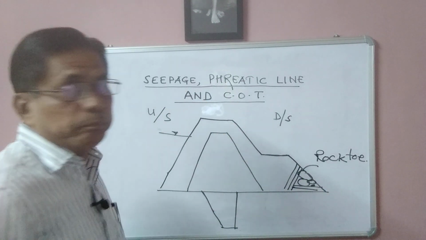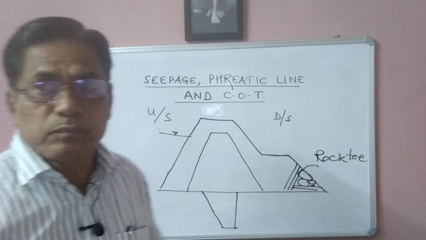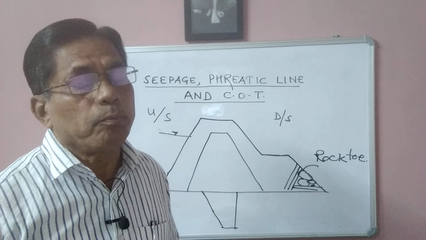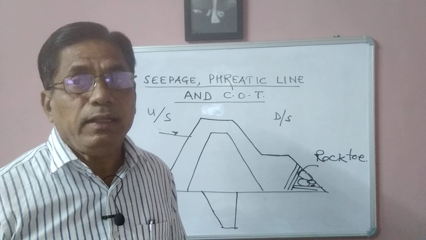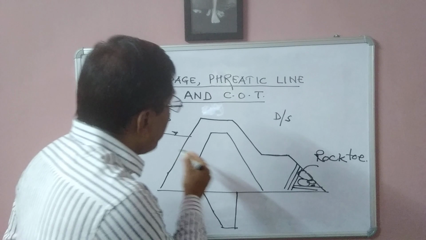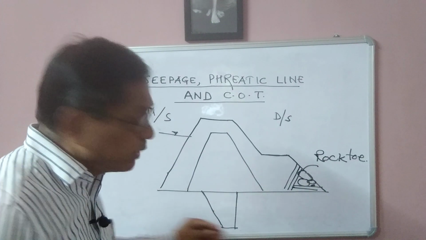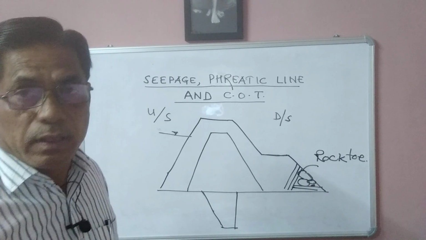Now the problem of seepage is this: if it is not controlled properly, then it may create piping through the dam body as well as through the foundation, isn't it?